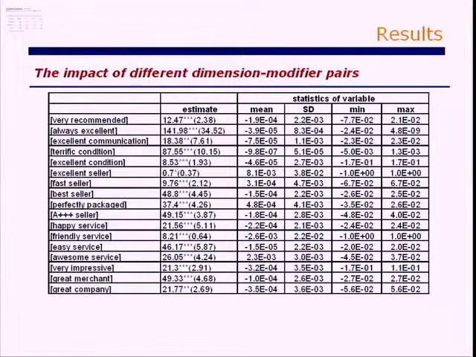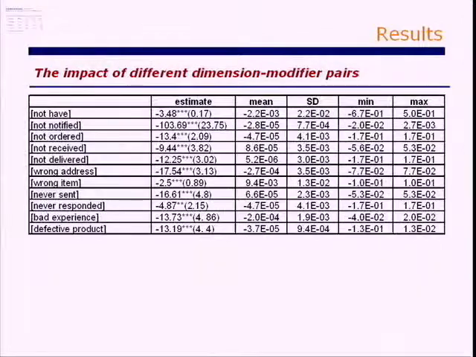And so some phrases appear more frequently than others, and so it's hard to make a meaningful quantitative comparison between the magnitudes of these from this table. Here are some things that you don't want to have in your text feedback. Wrong address, never responded, bad experience, defective product, all consistently, significantly, negatively affecting the premium that you can charge.